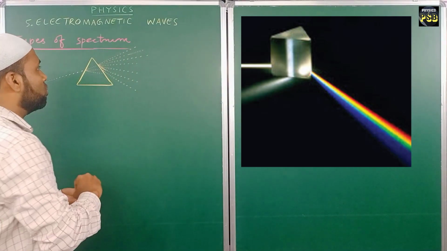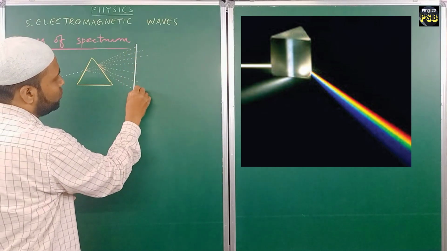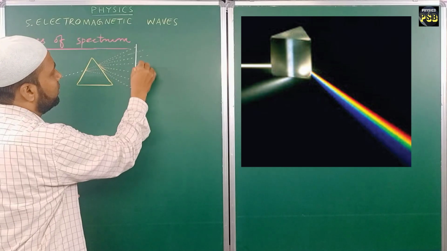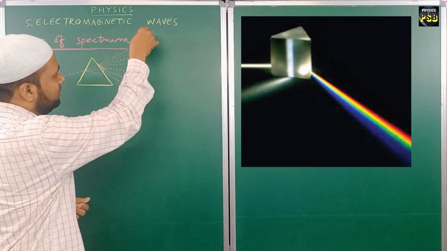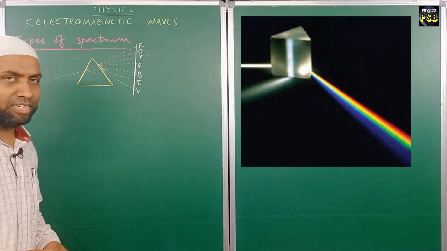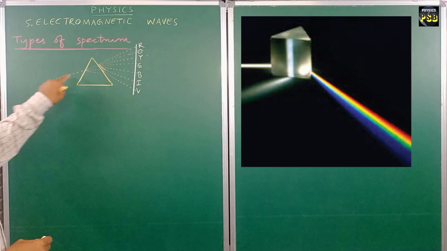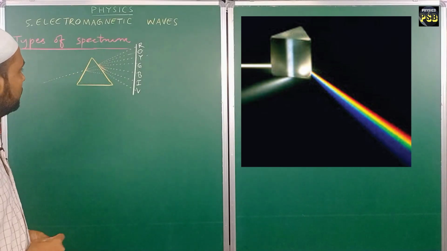This can be captured on the screen. The first one violet, indigo, blue, green, yellow, orange, and red. These are the 7 different colors obtained when a ray of light falls on the prism.